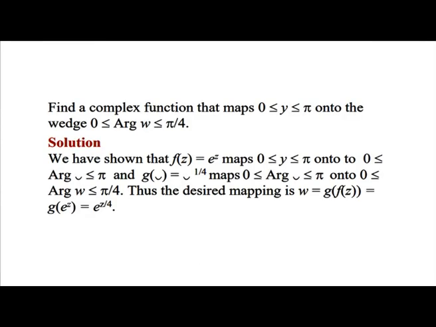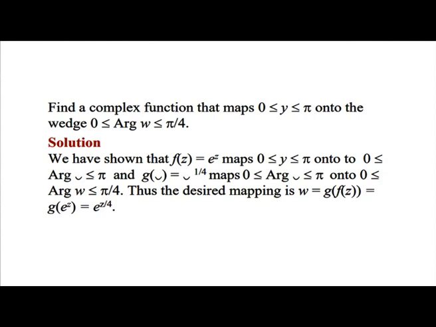In the previous examples, we have seen that f of z is equal to e raised to z maps 0 less than or equal to y less than or equal to pi onto 0 less than or equal to argument of zeta less than or equal to pi, and g of zeta is equal to zeta raised to 1 by 4 maps 0 less than or equal to argument of zeta less than or equal to pi onto 0 less than or equal to argument of w less than or equal to pi by 4. So, actually your strip 0 to pi is mapped onto the wedge 0 to pi. From z plane you are moving to zeta plane by the function f, and as in the previous example, the wedge 0 to pi is mapped to the wedge 0 to pi by 4 under the mapping g of zeta is equal to zeta raised to 1 by 4.